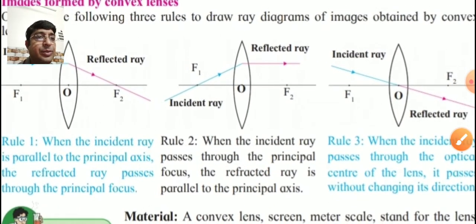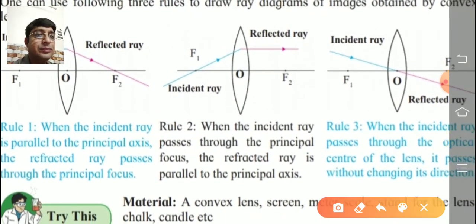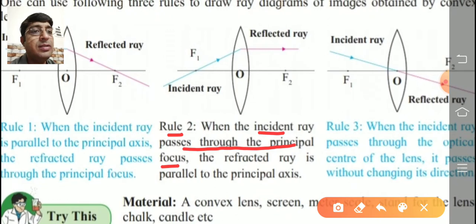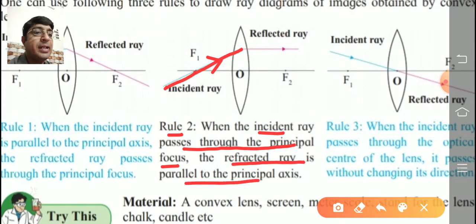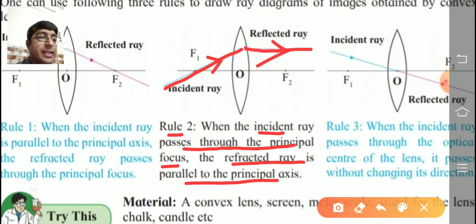Second rule: when the incident ray passes through the principal focus, the principal focus is here on the lens side. What happens after refraction? The refracted ray is parallel to the principal axis. Check here. This is the second rule.